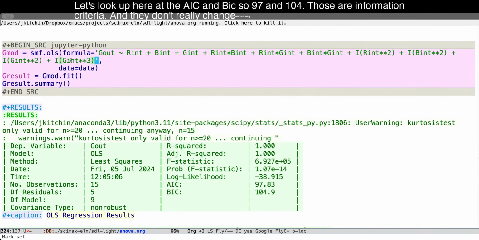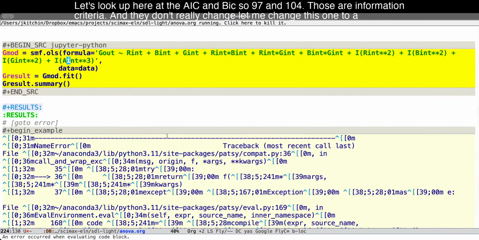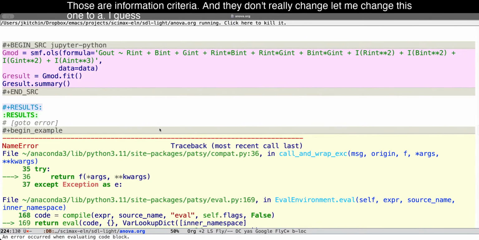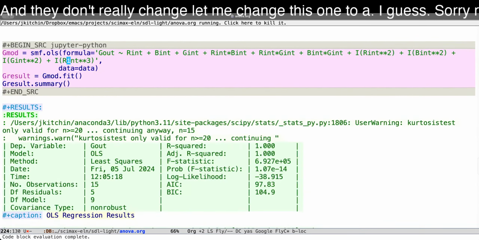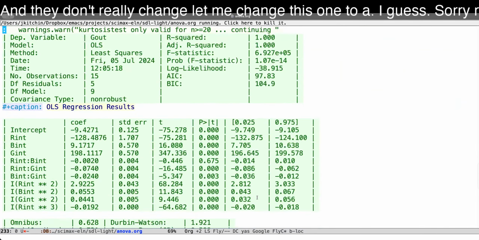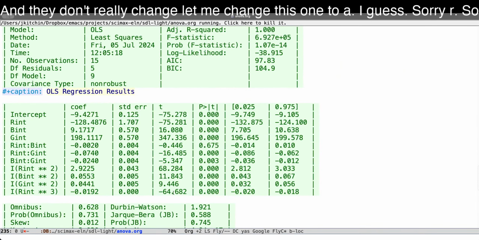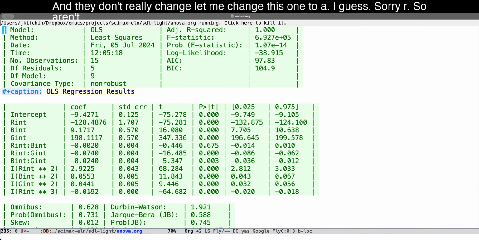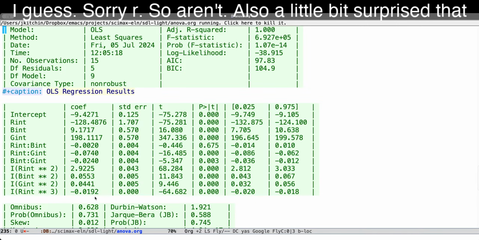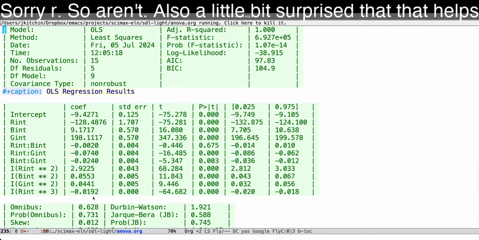Let me change this one to, sorry, R. So rint, also a little bit surprised that that helps anything.